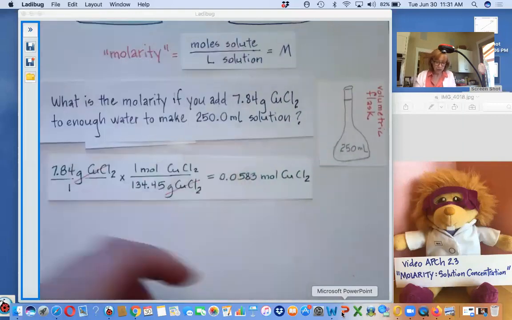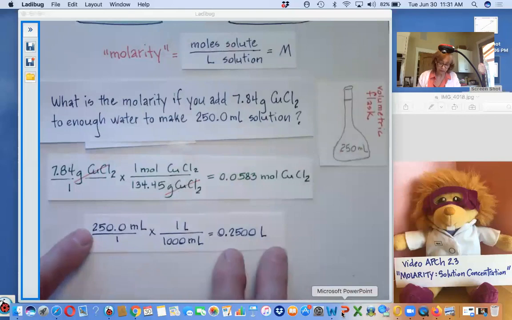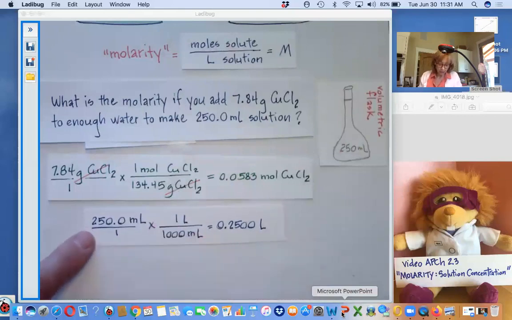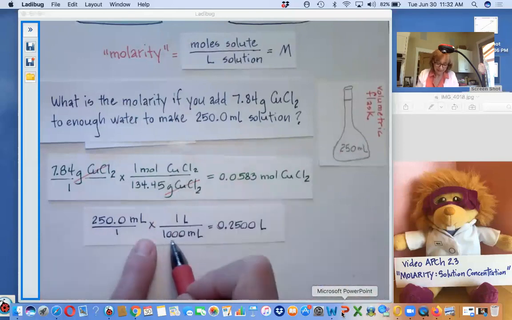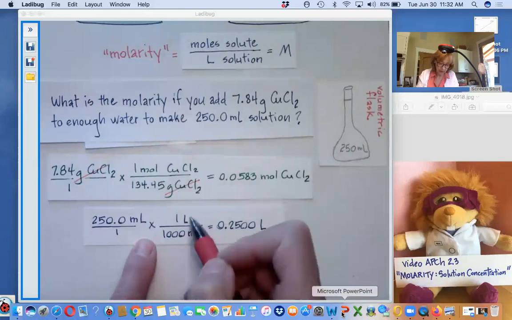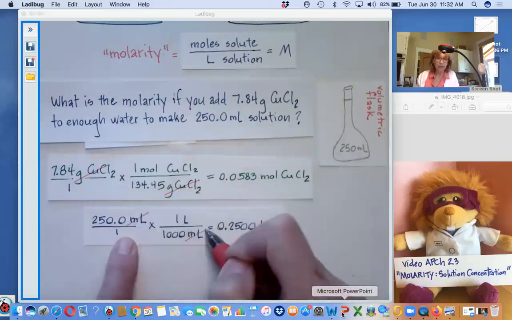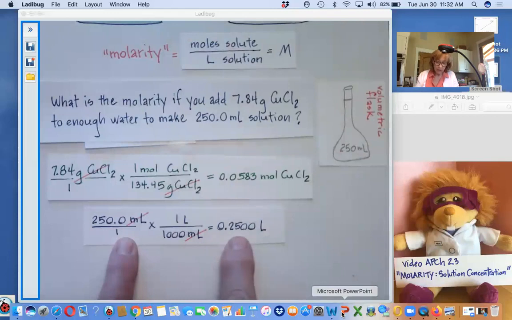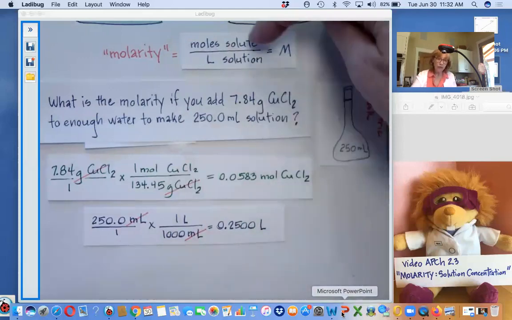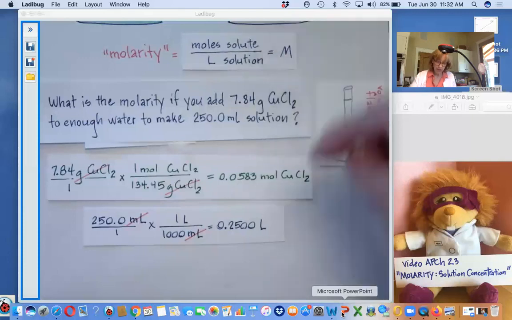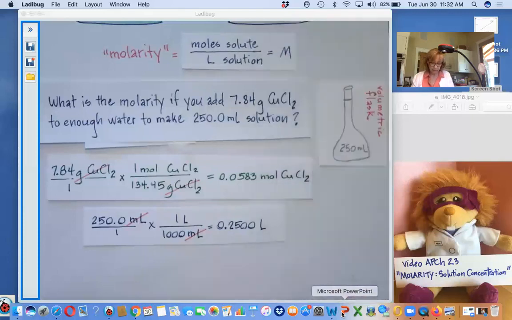Well, I'm given 250 milliliters. That's a simple conversion, 250 milliliters, and then I multiply by this equivalence that says there's 1,000 milliliters in a liter. Milliliters cancel out. And so my 250 milliliters is also equivalent to 0.2500 liters. All right, now I've got moles of solute for my numerator, and I have liters of solution for my denominator.